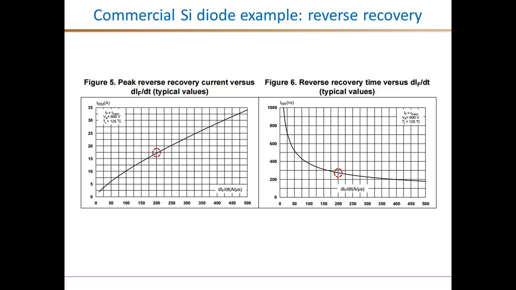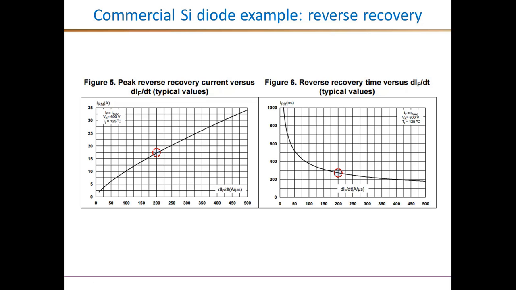These plots show the reverse recovery characteristics for this pin diode. The one on the left is the peak reverse recovery current, and on the right is the reverse recovery time, and both of them are plotted versus this rate of change of forward current, how fast the forward current comes down during the turn off transition, and that is decided more by the external conditions.